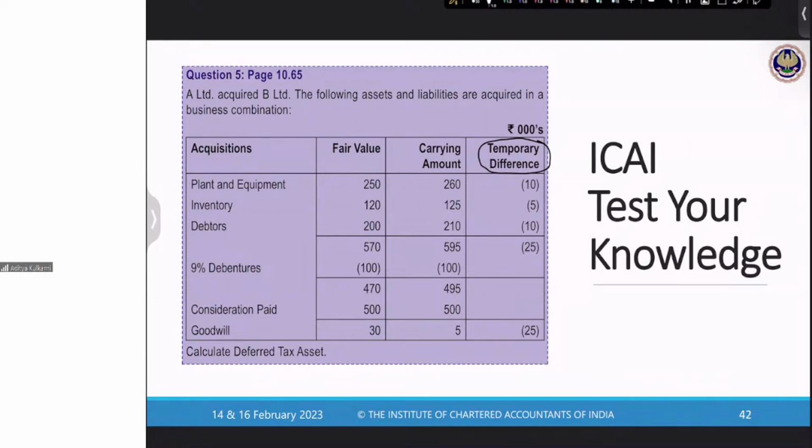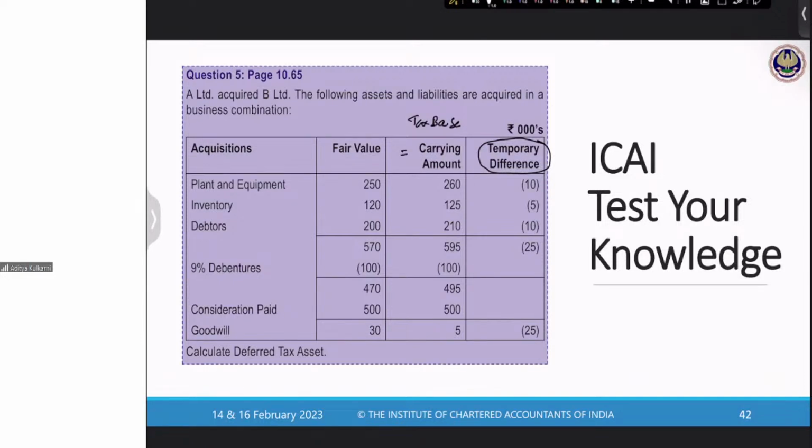So in this particular case, it is implicitly assumed that tax base equals the carrying amount. This is an implicit assumption. They have not given it, but it is implicitly assumed that tax base equals the carrying amount. Otherwise, you cannot solve this question in the first place.